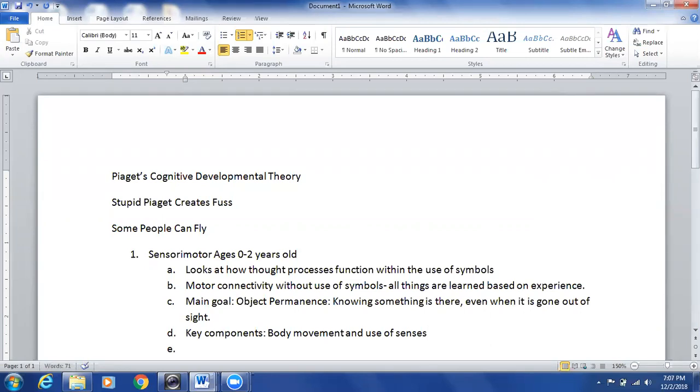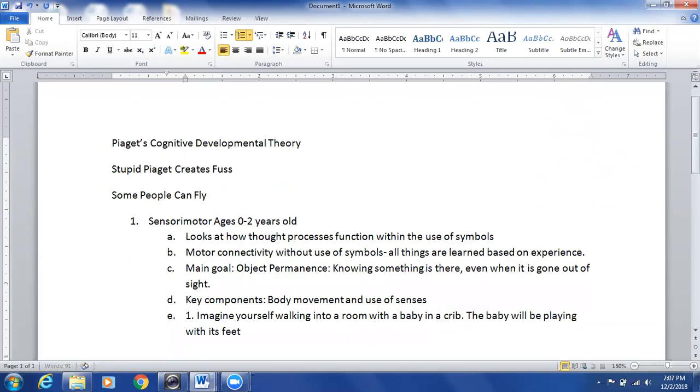And with that, just a couple little examples that I would introduce to make you associate sensory motor a little bit: imagine yourself walking into a room with a baby in a crib. The baby will be playing with its feet and looking around.